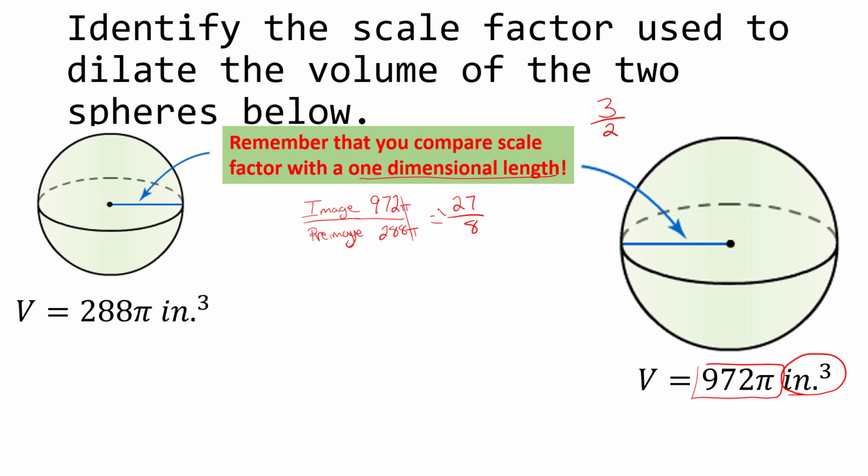We can take the cube root of values to go from 3-dimensional back down to 1-dimensional. So the cube root of 27 gives us 3. The cube root of 8 gives us 2. And lo and behold, we have ended up with the exact same scale factor much faster.